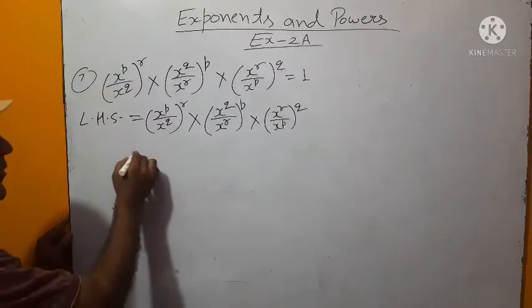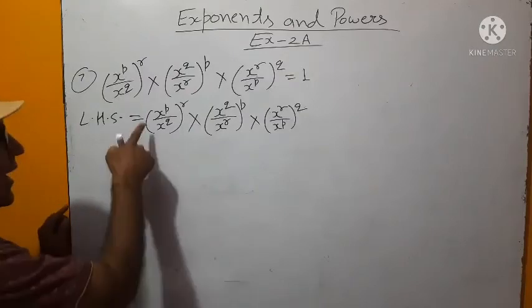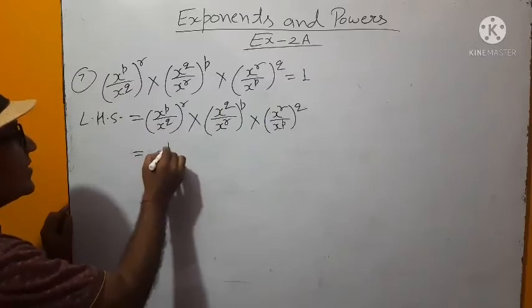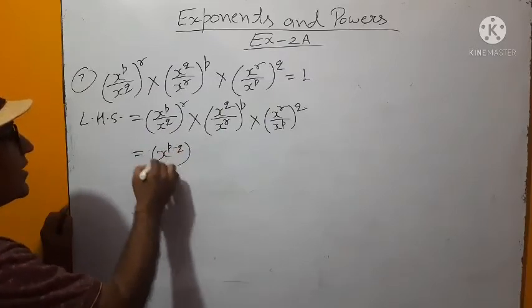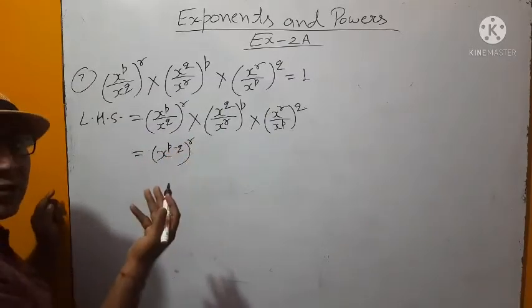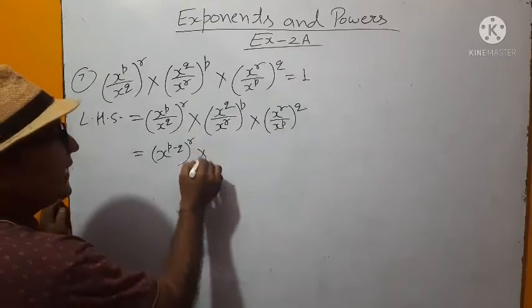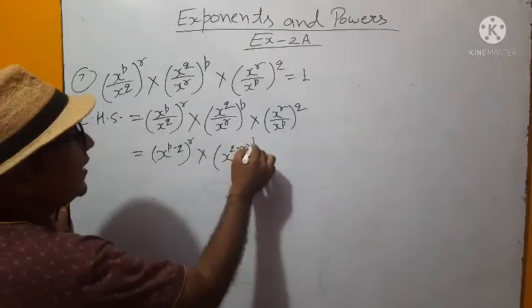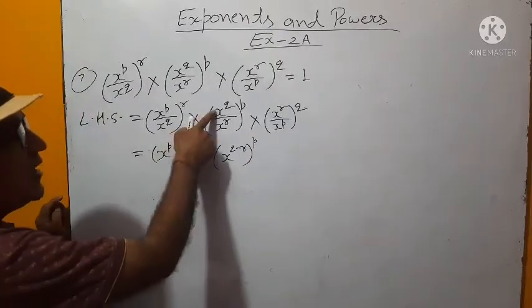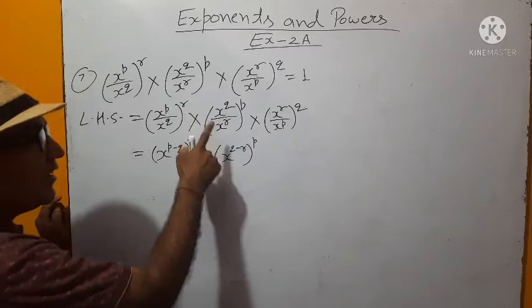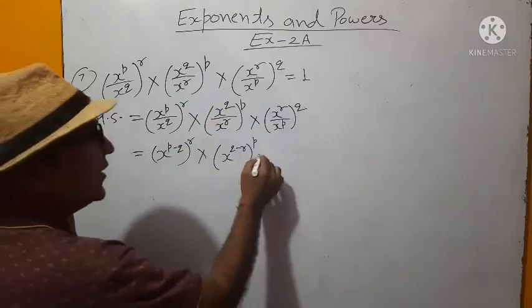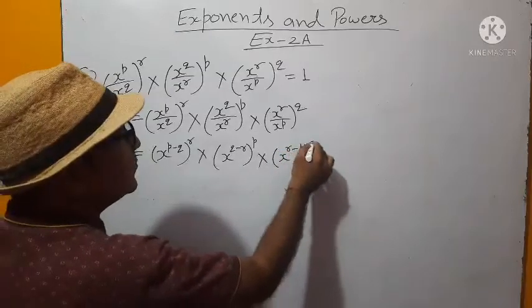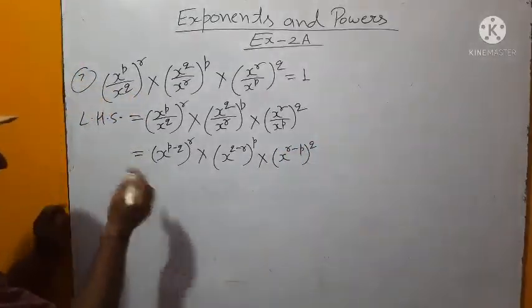Now here we will apply the exponential law. x^p / x^q can be written as (x^(p-q))^r. We will copy. Same we will do in the next term also: (x^(q-r))^p, because x^q / x^r can be written as this. The third term also, (x^(r-p))^q.